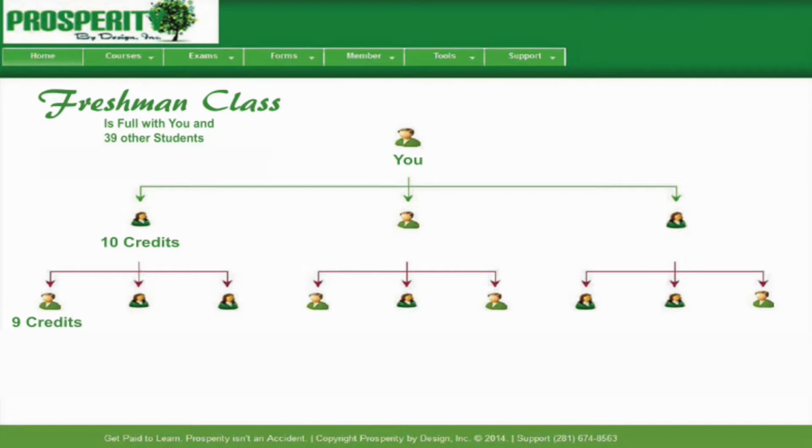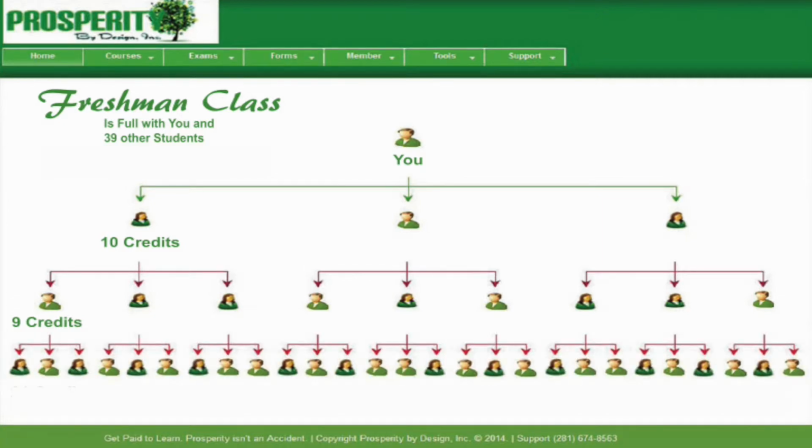It's like 81. Okay? Now, the next level is 27 students. Now 27 students are going to pay you 21 education credits per student. 27 students at 21 education credits per student is 567 for a total of 678 education credits.